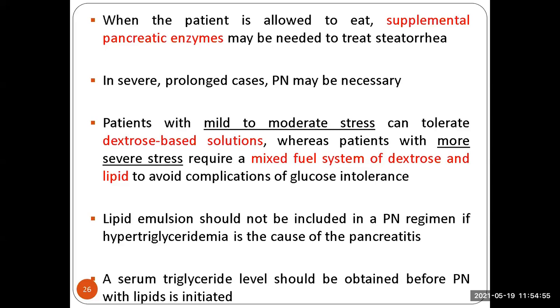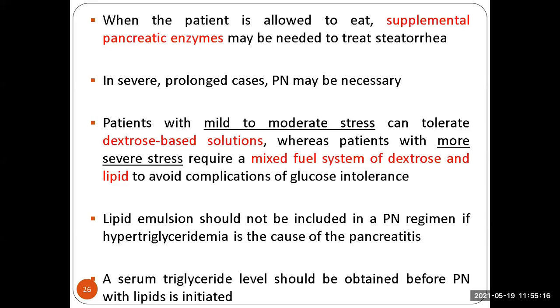Lipid emulsion should not be included in a parenteral nutrition regimen if hypertriglyceridemia is the cause of pancreatitis. So if triglyceride levels are already high in the body, then lipid preparations should be avoided.